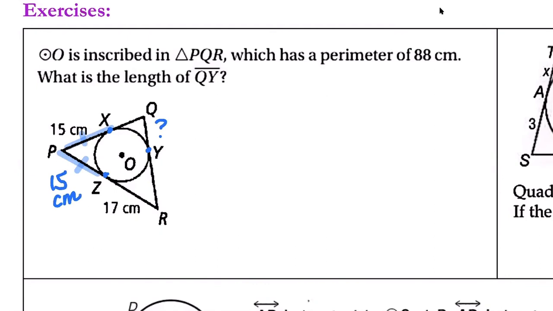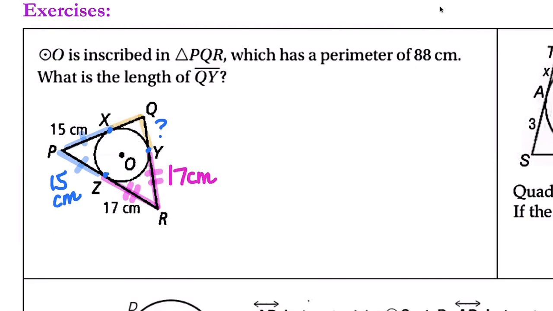And then we have the segments ZR and YR are going to be congruent. And then segment XQ and YQ are going to be the same.